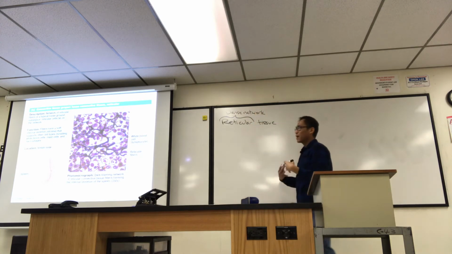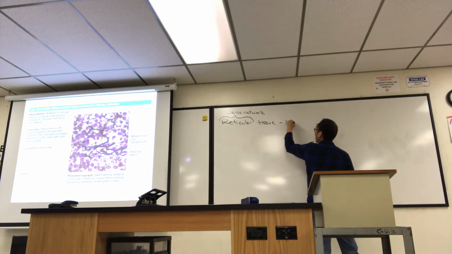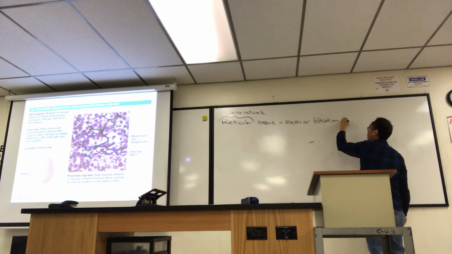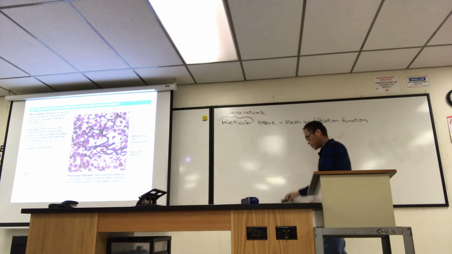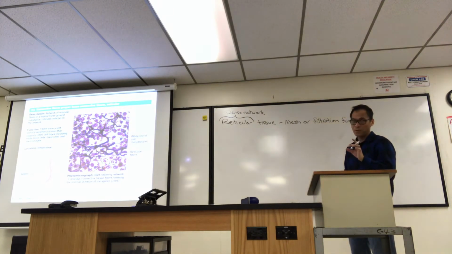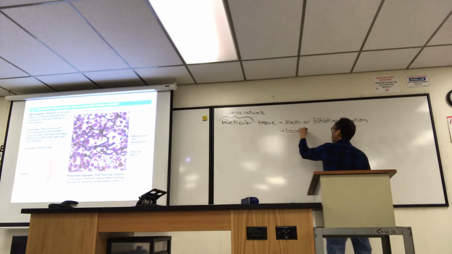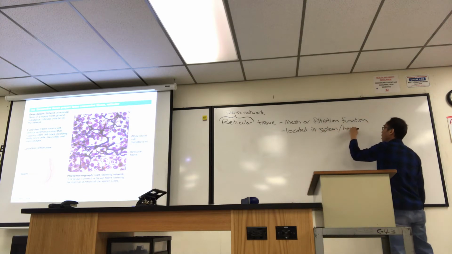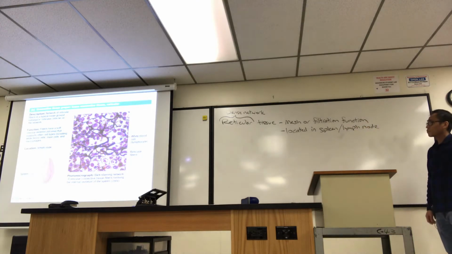This tissue has kind of a mesh or filtration function. So let's consider the organs where it's located. I would say primarily spleen and lymph node. Those are the main ones to know. So these are immune filtering organs.